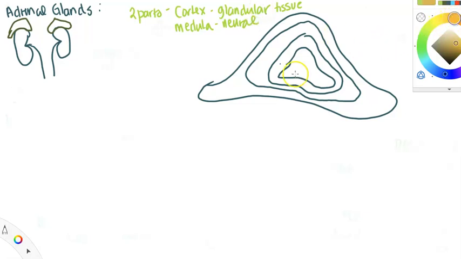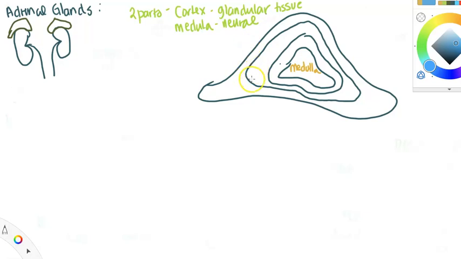So the medulla is in the middle. It's this little core part of the adrenal gland. This other part, this entire other part, is the cortex. And the cortex is divided into 3 layers.